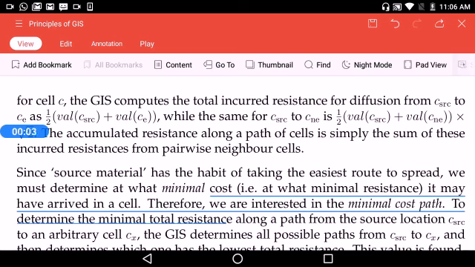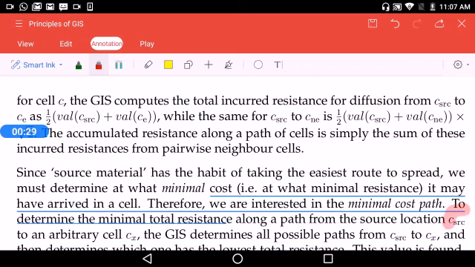Now we are interested in finding the minimum cost path. That means we want to find the minimal total resistance along a path from any source location, called CSRC, to any arbitrary cell, which we might call CX.